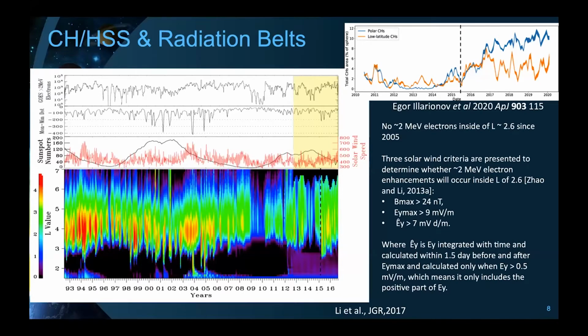Okay, and here, this is the radiation belts in the bottom panel, from 1993 all the way up to 2017. Right above it, there's sunspot numbers, and the solar wind speed in red.